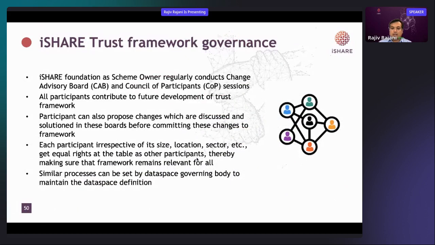The iShare Foundation regularly holds change advisory board sessions and council of participant sessions. Change advisory board sessions, as I mentioned, are legal, operational, technical, functional.